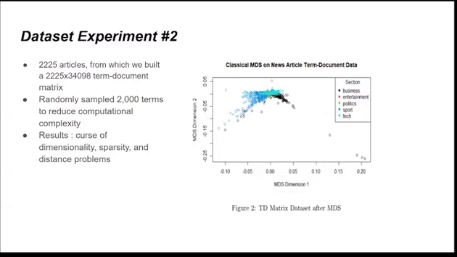The second data set we performed MDS on is a random sample of a term document matrix derived from 2,225 news articles categorized into 5 topics. A sample of 2,000 terms was used due to computational limits, given the high dimensionality and sparsity of the data. We expected that MDS would not perform well on this representation of the data due to the curse of dimensionality.